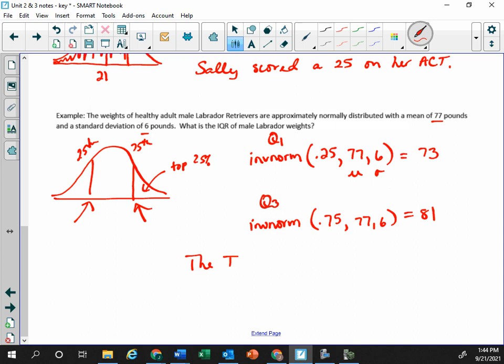So the IQR for male lab weights is about 8 pounds.